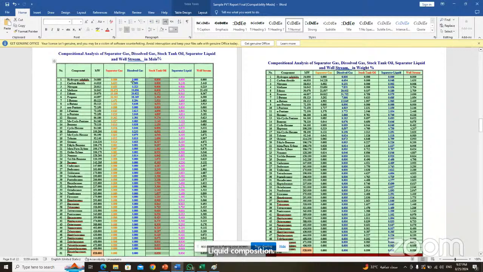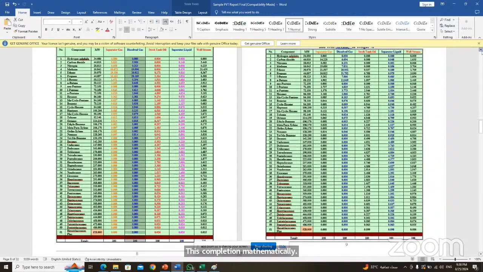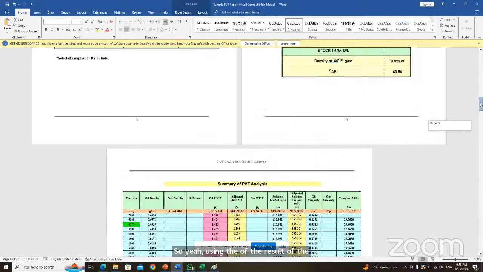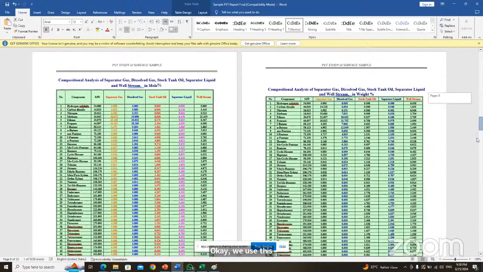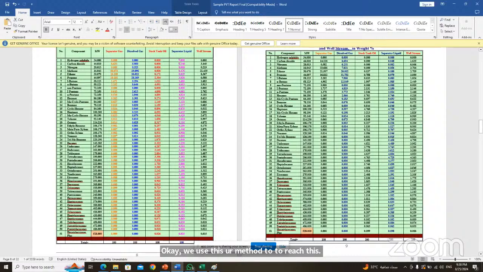So we have the liquid composition for the stock tank oil, and we have the gas that was dissolved in the oil. We recombine these compositions mathematically, using the GOR of the flashed gas, to calculate the liquid composition.